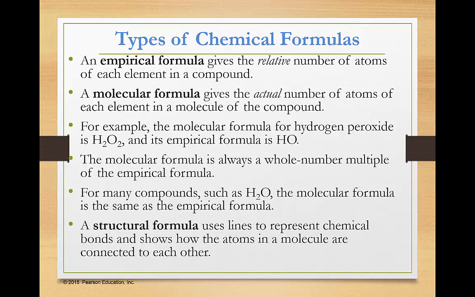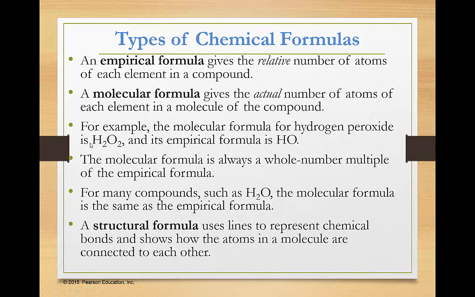If you look on the label, they may give you the molecular formula. The molecular formula for hydrogen peroxide is H2O2. I have 2 hydrogen atoms and 2 oxygen atoms bound together. I have to have 4 atoms to have a molecule of hydrogen peroxide.